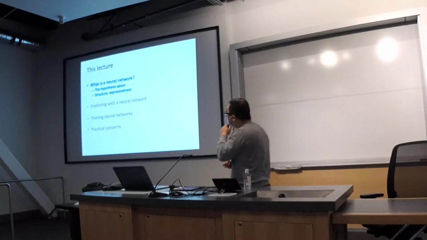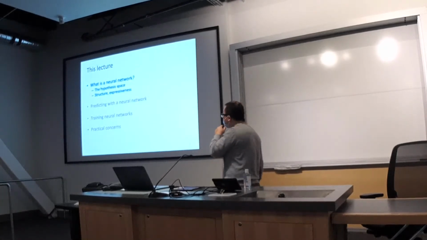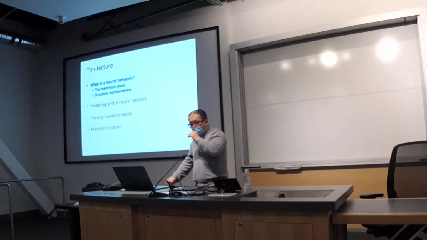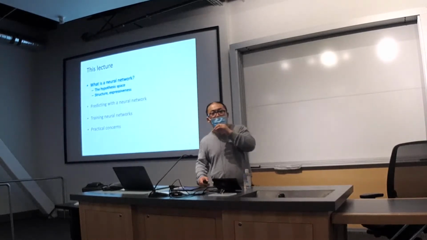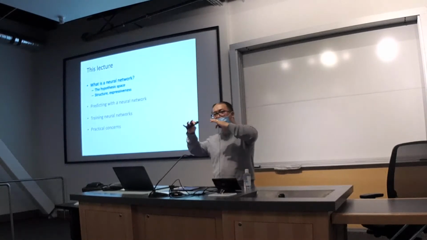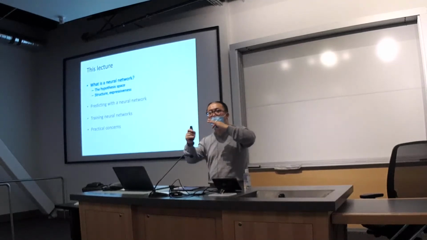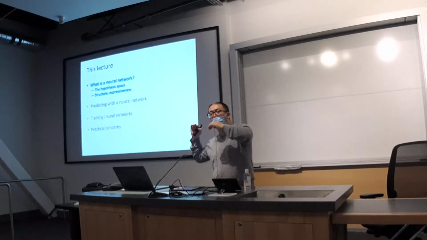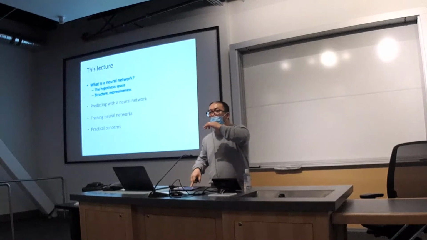Then we're going to talk about the rule to make a prediction with a neural network. Even if your network structure is given and your model parameters are given, if you want to make a prediction, you have to follow some particular rule. This is called the forward pass.